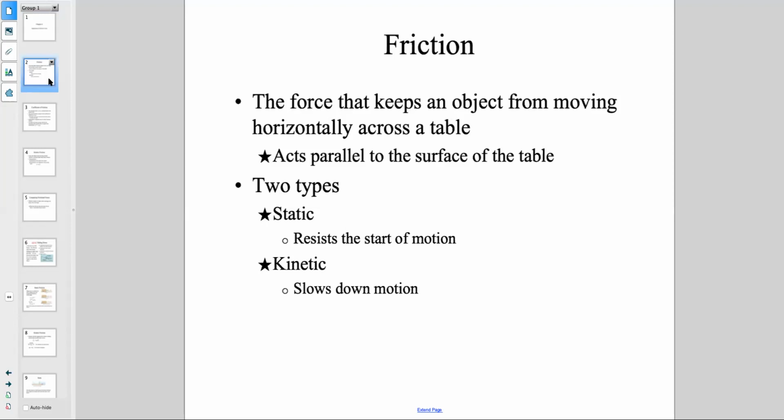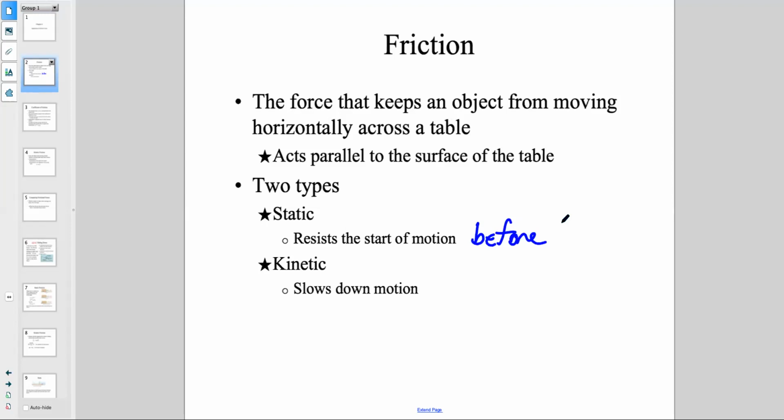In other words, right before the motion happens, the object is about to move, but it's not moving. You're applying some force to the object, but the object is not moving.